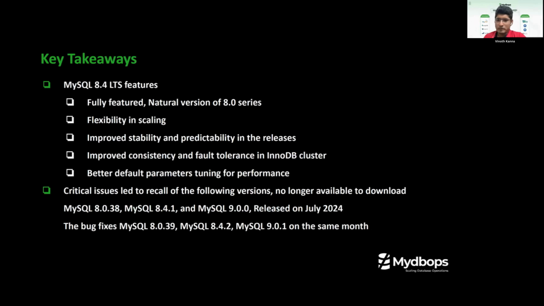And yes, for InnoDB Cluster, as I explained already, we have improved fault tolerance and consistency, like during failovers. And one interesting thing I like about this release is that many important parameters have been taken into account for auto tuning.